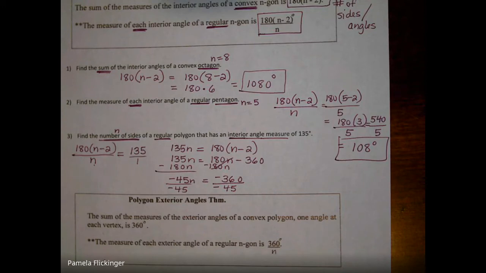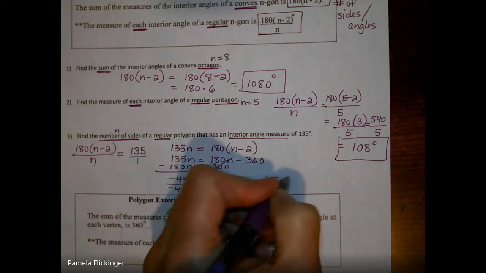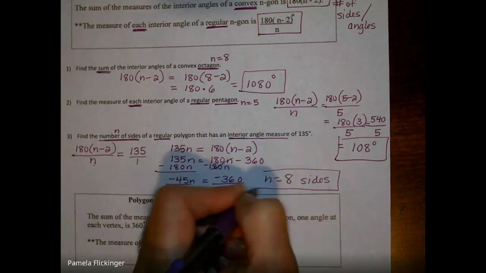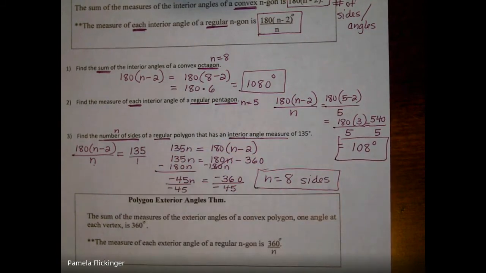And that's going to give us 8. Now it's not 8 degrees. We didn't find a degree. We were asked to find the number of sides. So again, it's important, your labeling. If you're finding the angle measures, it's degrees. Each angle measure is in degrees, but for the number of sides, just write the word sides. Okay, so those are your interior rules.